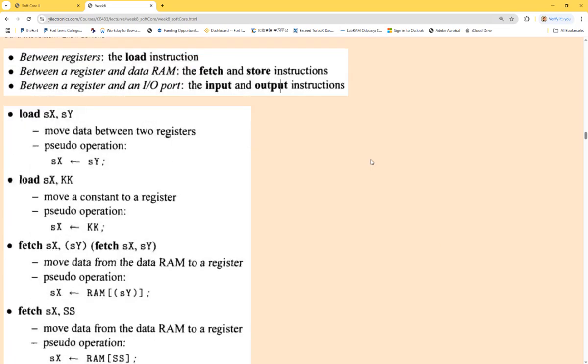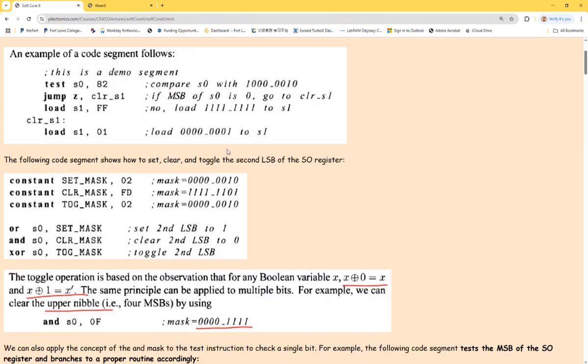Okay? Are you allowed to load register to register? Yes. So you can do both: load a register to a register or load a constant to a register. Is that clear on the second question? Any question on the second question? I move forward. Okay.